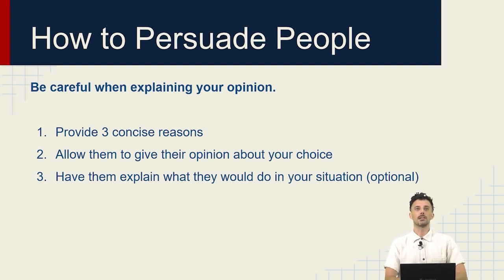So first thing is provide 3 concise reasons, okay? Try to give as many neutral, factual things as you can rather than feelings. Like I said earlier, focus much more on factual language rather than your feelings. If you give reasons that you think they would be able to agree with, persuading them will be pretty easy.